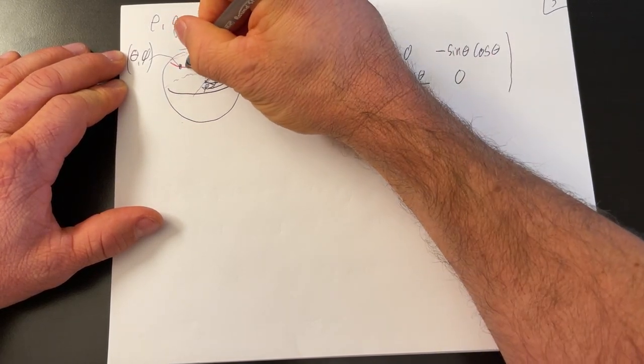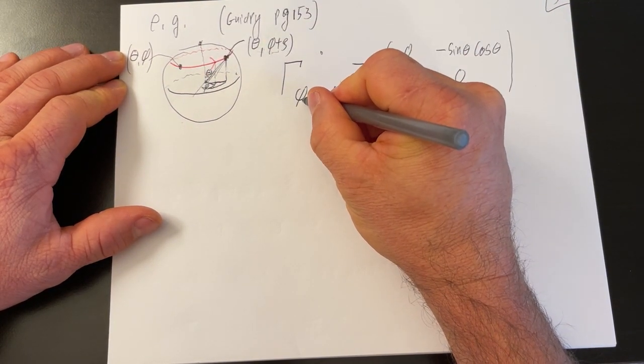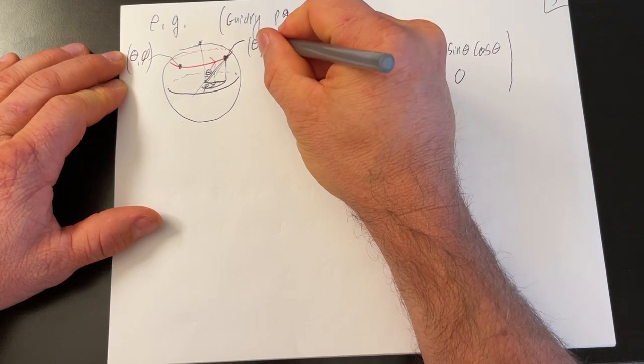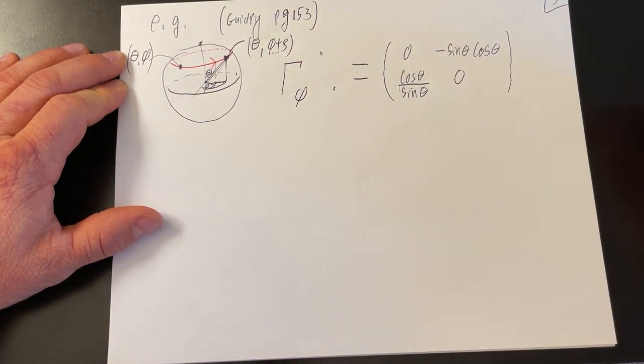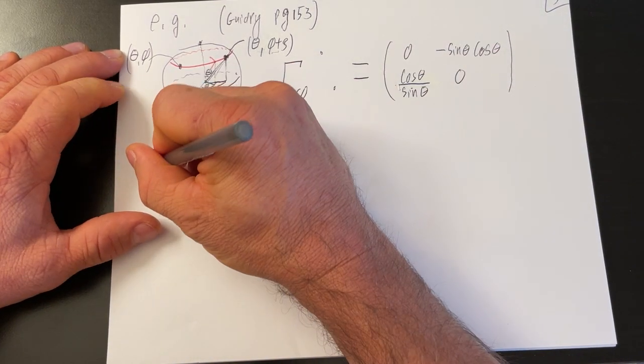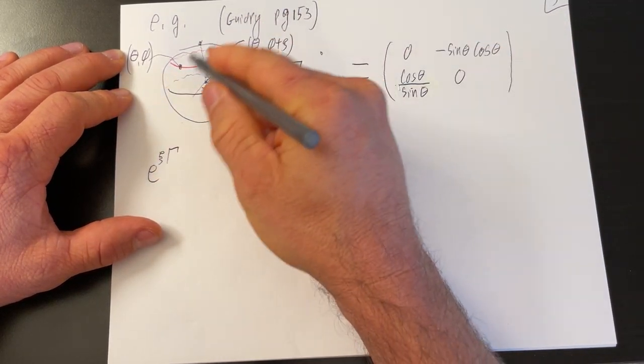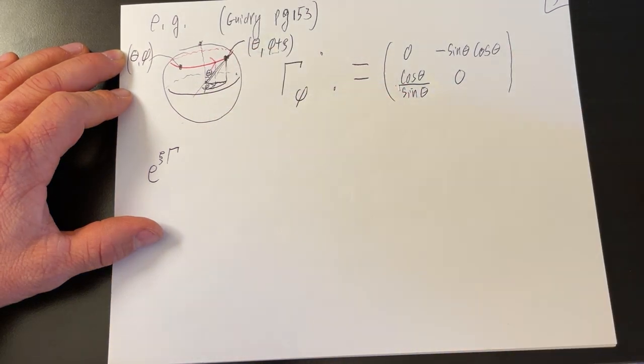So we're going to travel along this path where we change only the coordinate phi, but not the coordinate theta. Along that path, the connection looks like this. And along that path, e to the xi gamma, the xi is there because that's the coordinate change on the path.